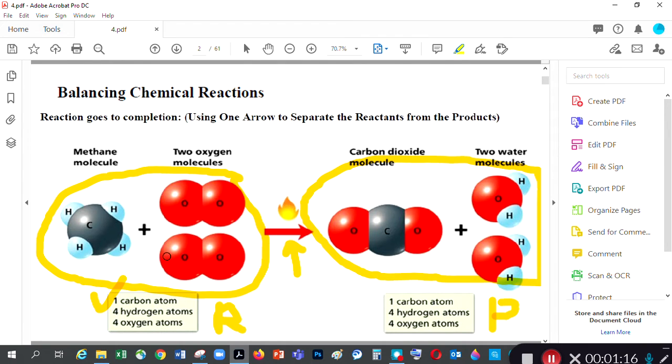Hydrogen is 4 atoms here, and there are 4 in H2O. Then you have 4 oxygens, those are the red ones here: 2 in CO2 and 2 in H2O. So this chemical equation is balanced, and we will learn a very unique way to balance these chemical equations.